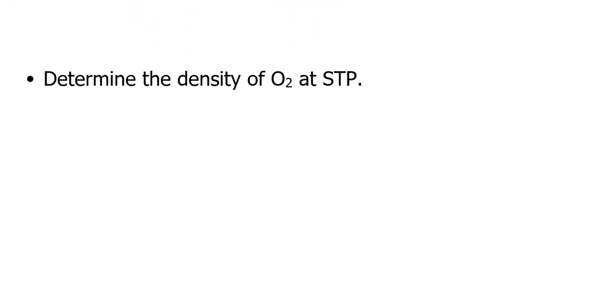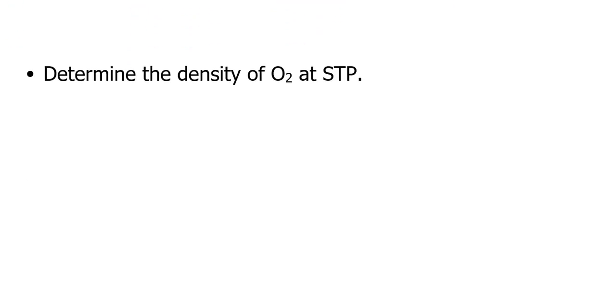Okay, last problem. It says determine the density of oxygen at STP. These problems are always a little tricky because it looks like they're practically giving you nothing. But keep in mind that at STP, my temperature is 273 Kelvin and the pressure is 1 atmosphere. They're giving you the identity of the gas, which means automatically I know its molar mass.